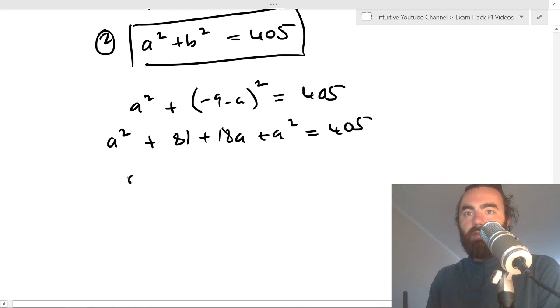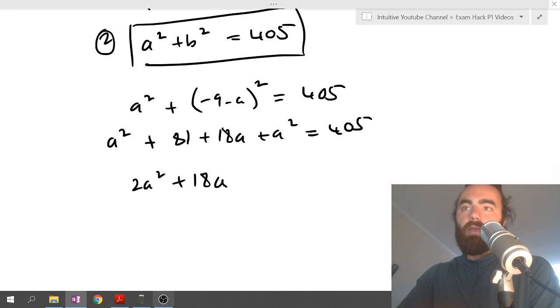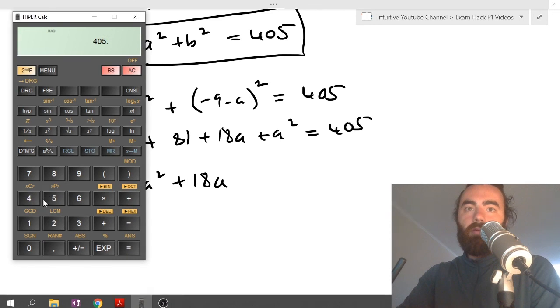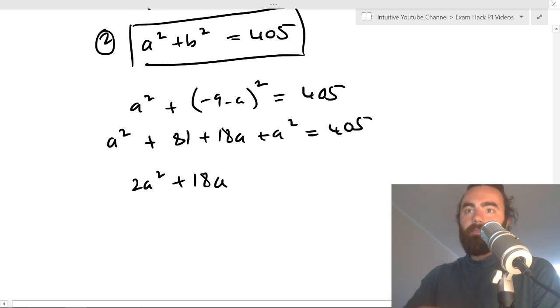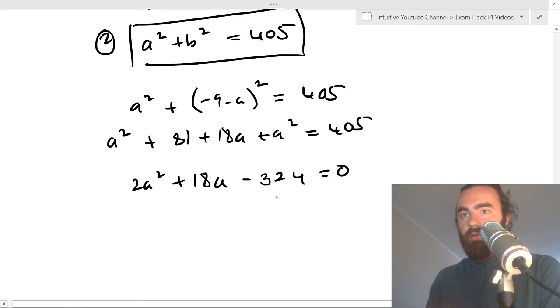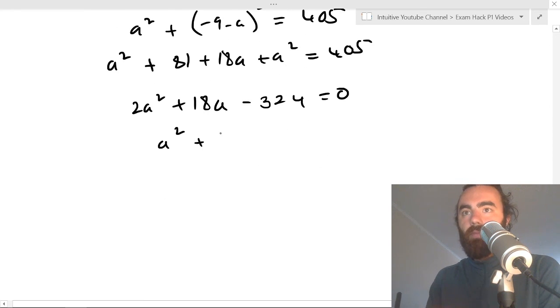So that gives us 2a squared plus 18a, and then 81 minus 405, which is minus 324, equals 0. We divide through by 2.